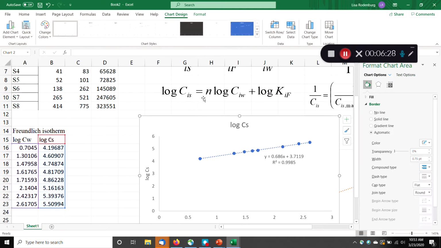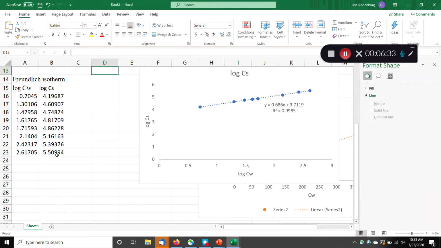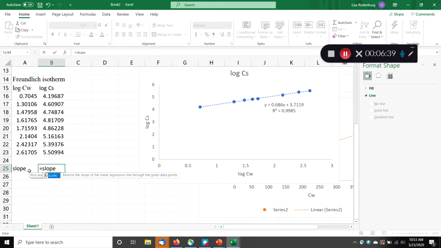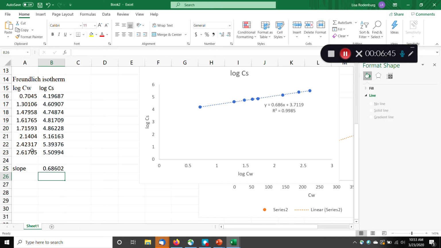Now, if I'm going to use that equation to calculate my N and my KF, then I want to know my slope equals SLOPE(y, x). There's my slope. Should be the same number I got here, 0.686. Yep.